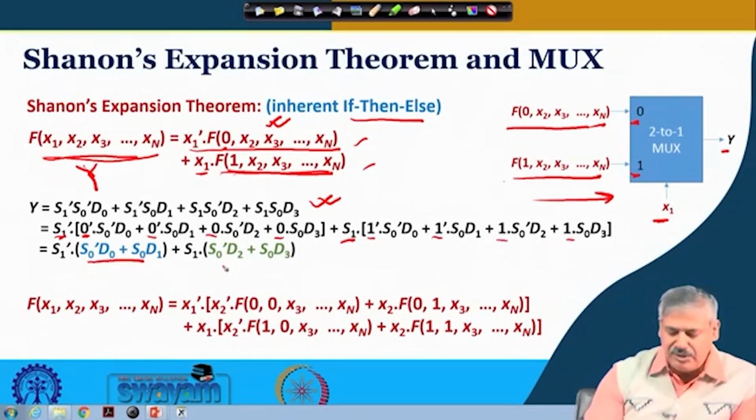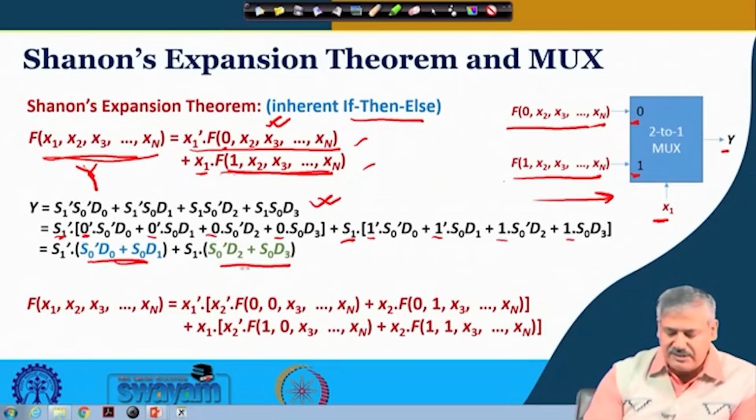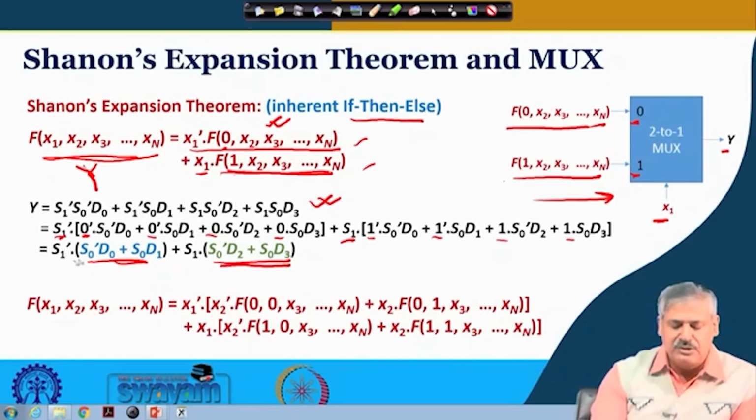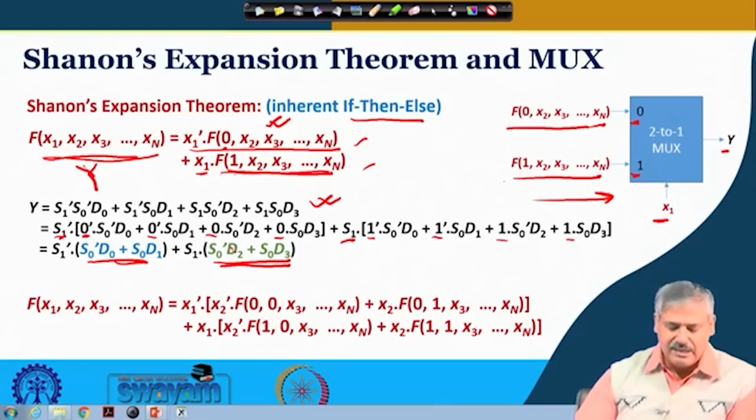We see that we get back to what we had seen before. So, this is one 2 to 1 multiplexer equation giving f0, this is another 2 to 1 multiplexer equation giving f1, and finally these two are getting combined, this is your third 2 to 1 multiplexer. Exactly similar to what we had seen earlier.